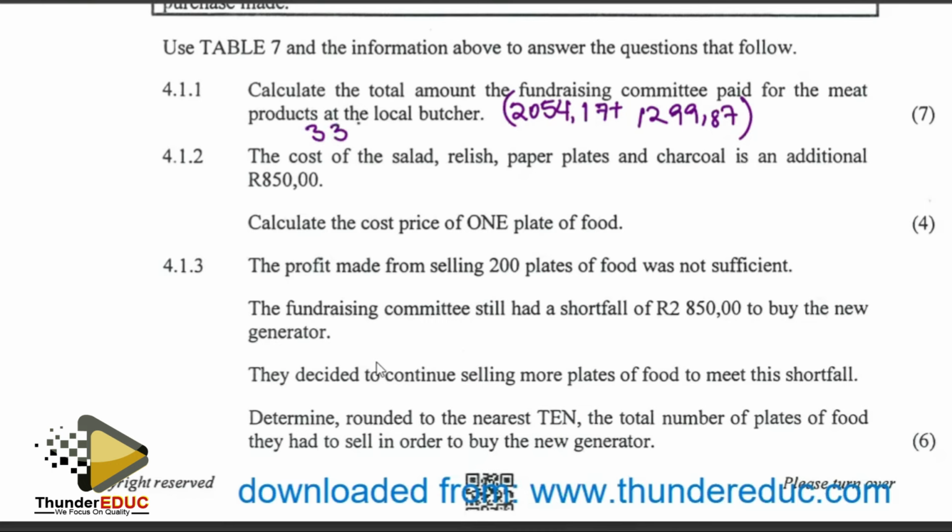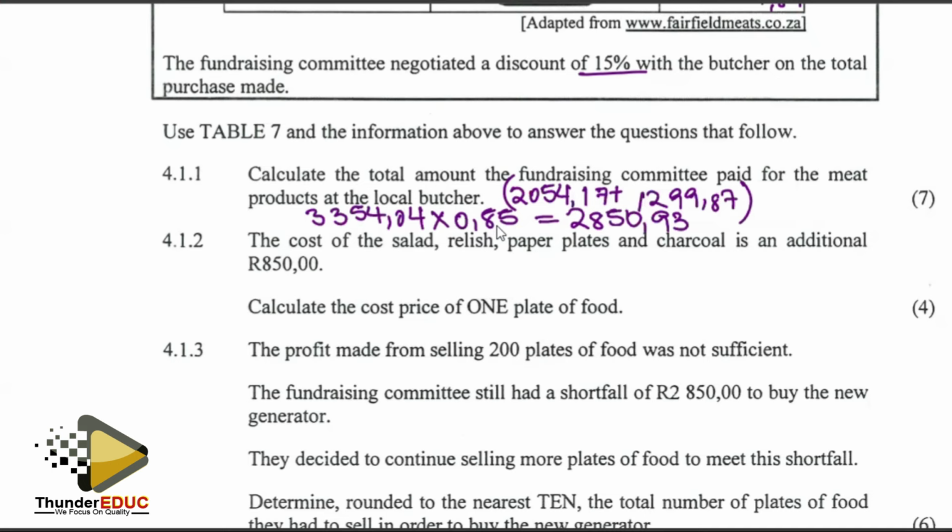All right. 4.1.2, the cost of the cell paper and the charcoal addition is what? They calculate the total cost of one plate. So this means the money you bought the meat plus that of the charcoal, divided by 200, because the aim is to sell 200 plates.